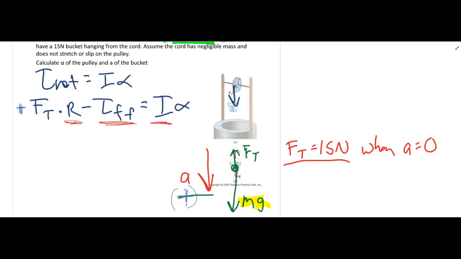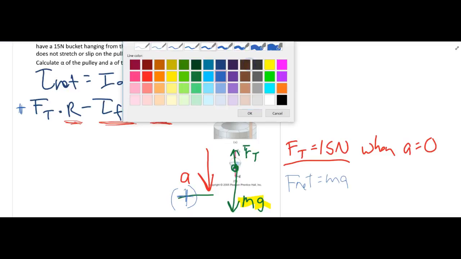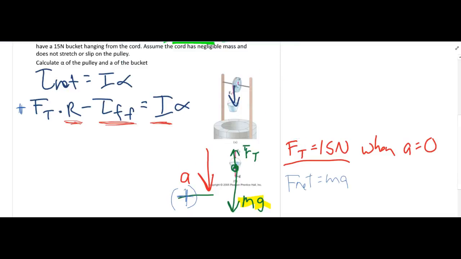Both of those go together. Now let's do my F net statement. I have to make down positive, so here I have mg minus force of tension equals ma. So what are my knowns and what are my unknowns?